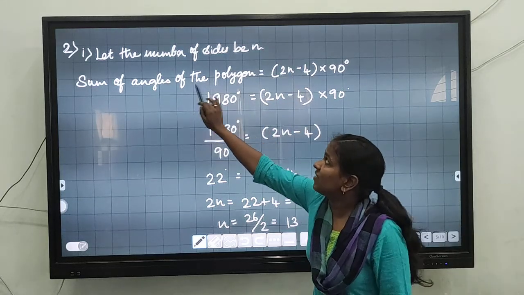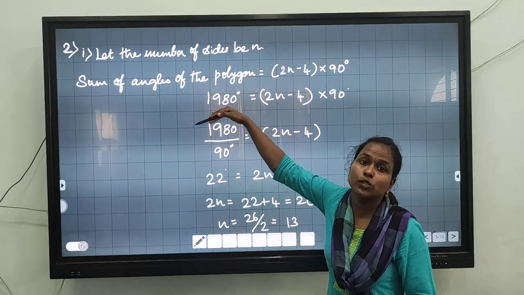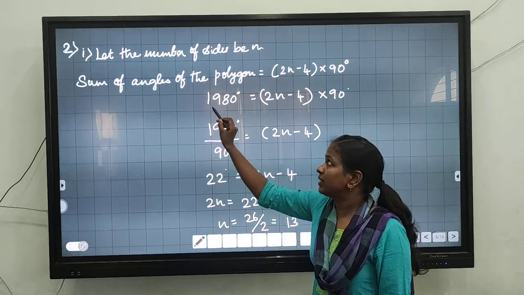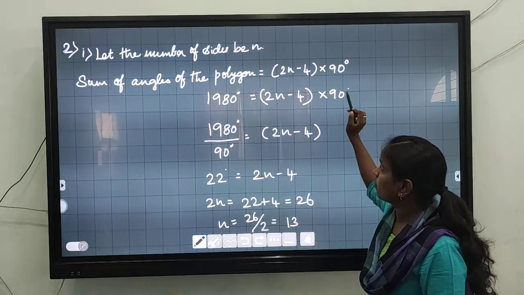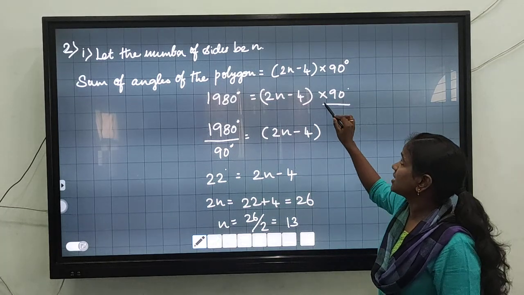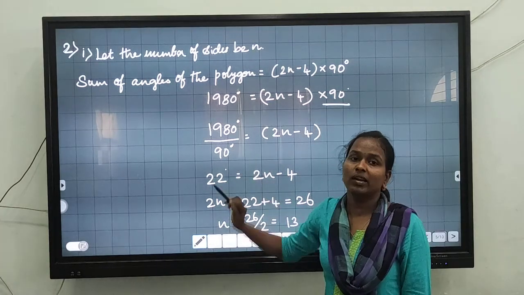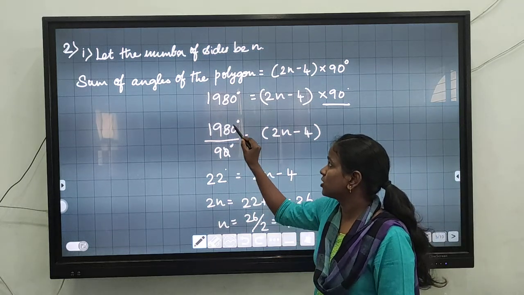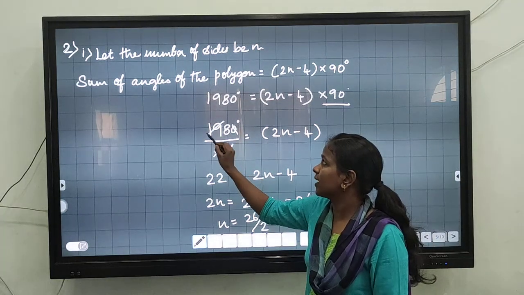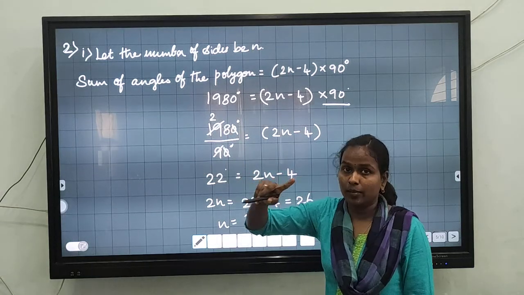So the sum of angles of the polygon is given in the question. I am writing that here: 1980, equal to the same formula. See, here multiplication is there. The 90 going to the left-hand side will become division. So cancel the zeros. 9 ones are 9, 9 twos are 18, remaining 1.